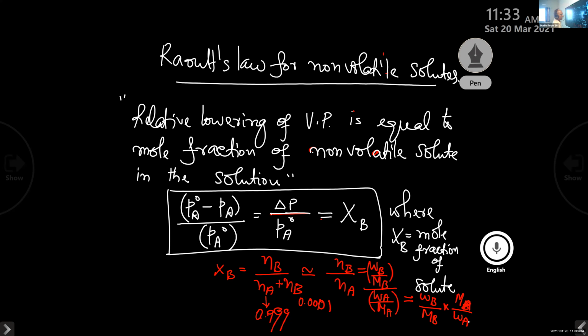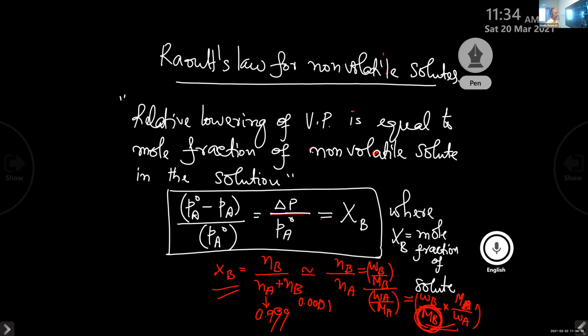And this is the final value we have got. And this value, that is XB, is equal to the relative lowering. So from the relative lowering, we will also get an equation for Mb, the molar mass of the solute. Say PA0 minus PA by PA0 is equal to Wb by Mb into Ma by Wa.